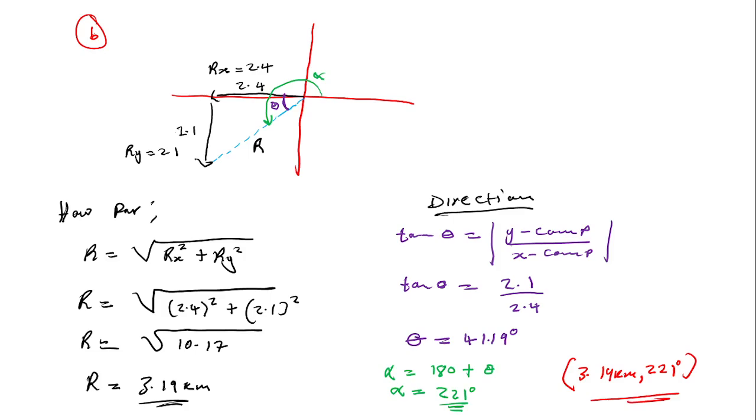I'll start with Frederick. What's your question, Frederick? Sir, I'm getting a different answer after writing tan inverse 2.1 divided by 2.4. I'm getting 26.89. And the final answer after adding that figure to 180 is 206.89 degrees.